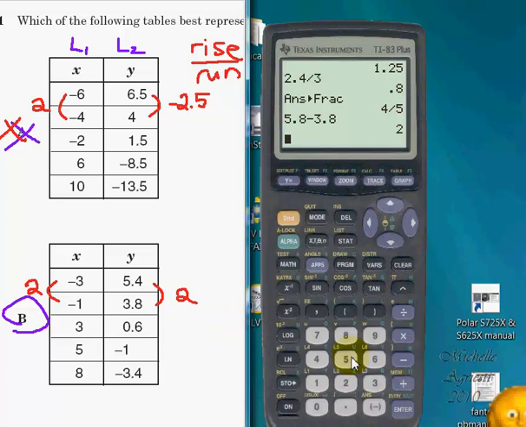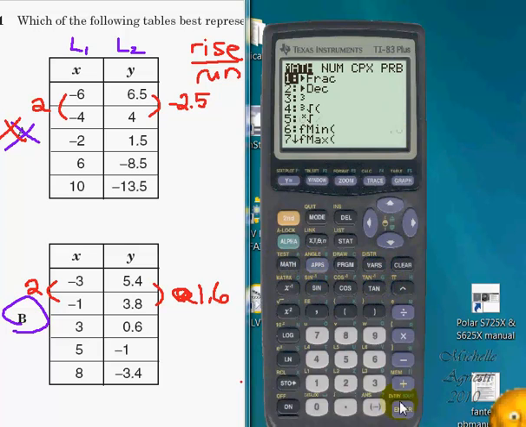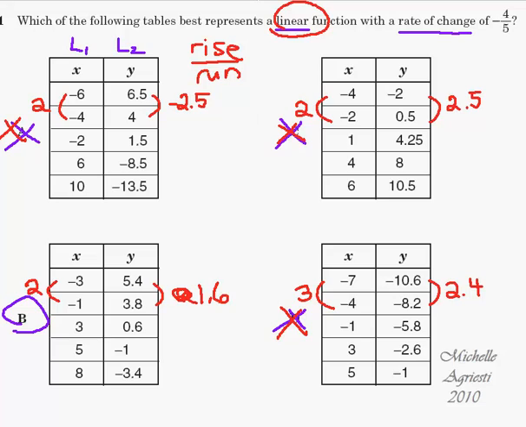Let's try again. 5.4 minus 3.8. Okay, that looks better. 1.6. So my slope between those 2 points is I rise 1.6 over my run is 2, which is 8/10, or if I want to convert that to a fraction, math, enter, which is 4/5. Oh, we're looking for -4/5.